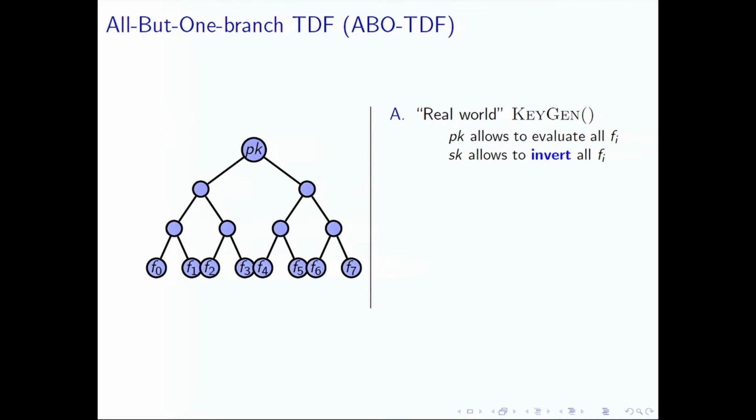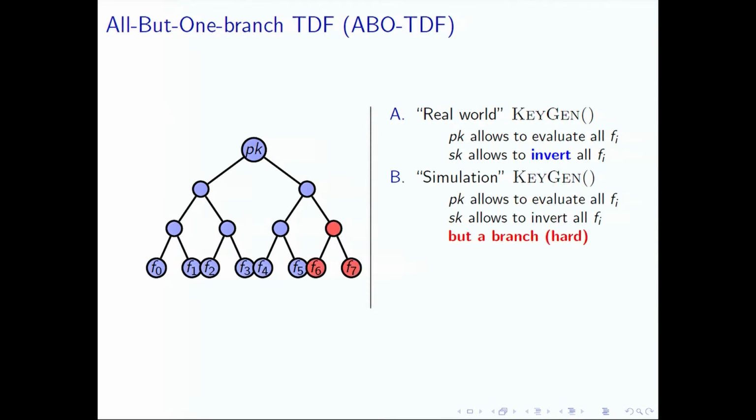So what is an ABO-TDF? It's a set of functions organized as a tree that the public key allows you to evaluate, all right? And the secret key allows you to invert all of them. But this is the real-world key generation.